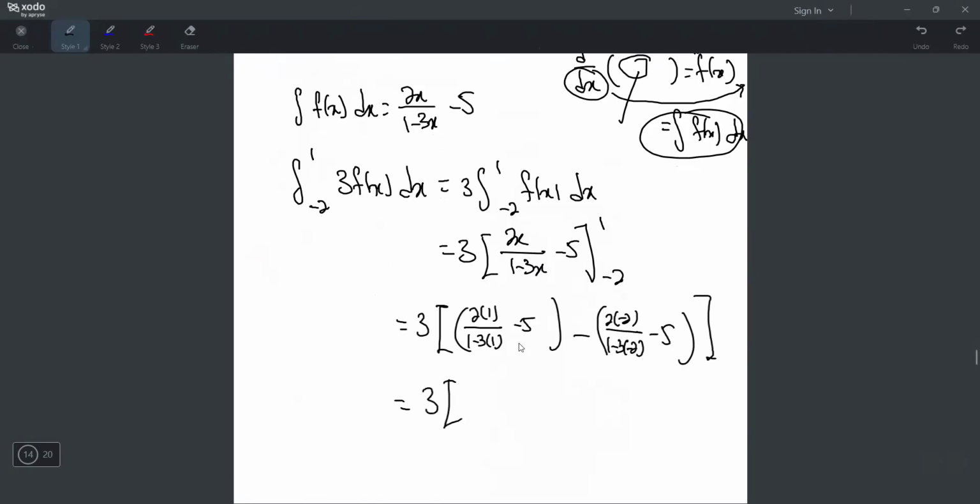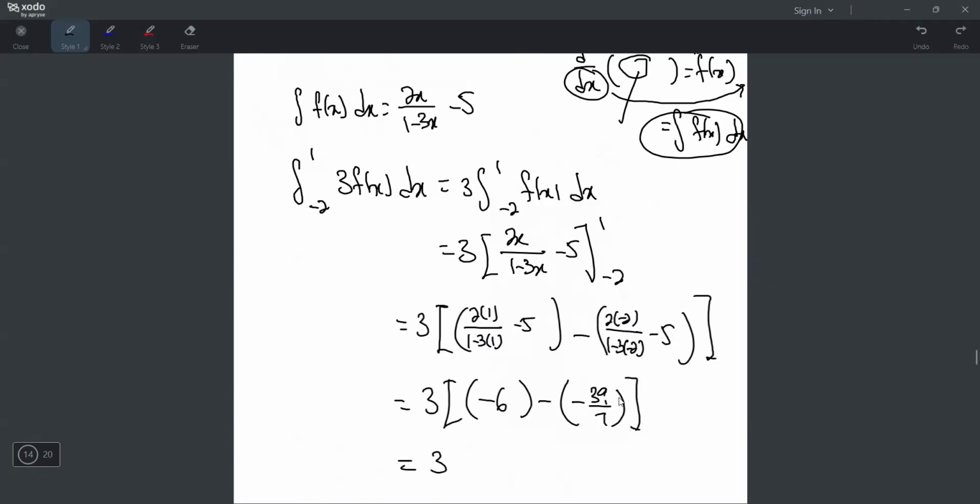Okay, now we can calculate this in my calculator. Okay, 2 over 1 minus 3 is -2, which is -1 minus 5, -6. Right? Okay, minus. This one is -4, 1 plus 6, 7. So -4 over 7 minus 5. Okay, my calculator give me -39 over 7. But there's another minus here. So later minus minus jadi plus.